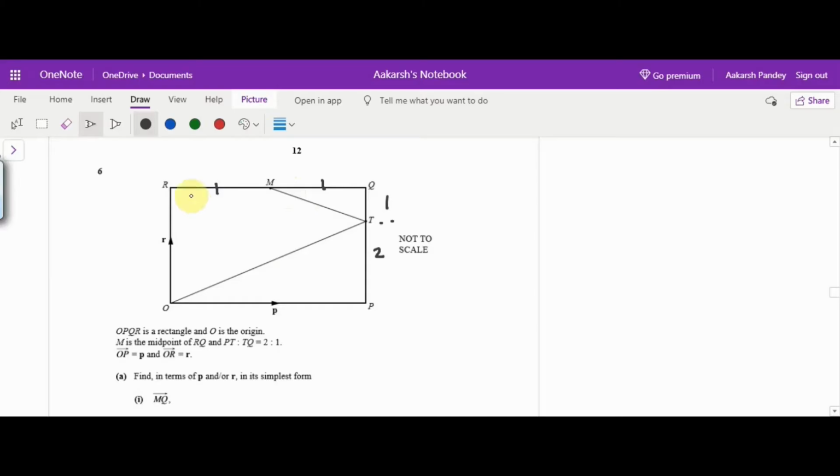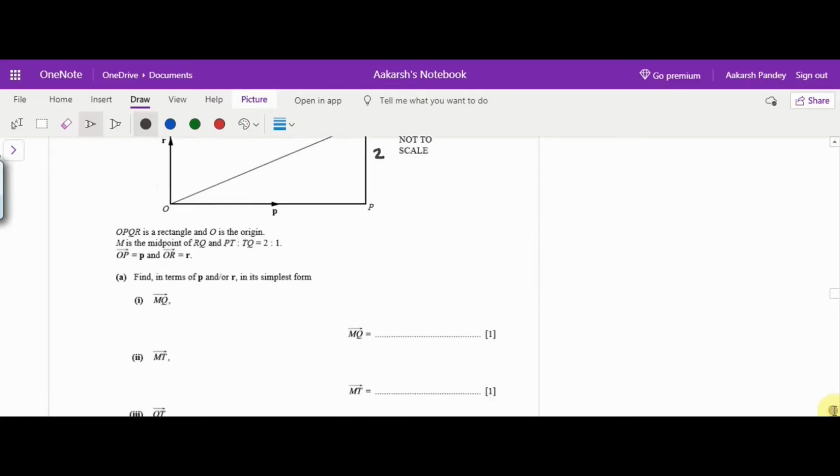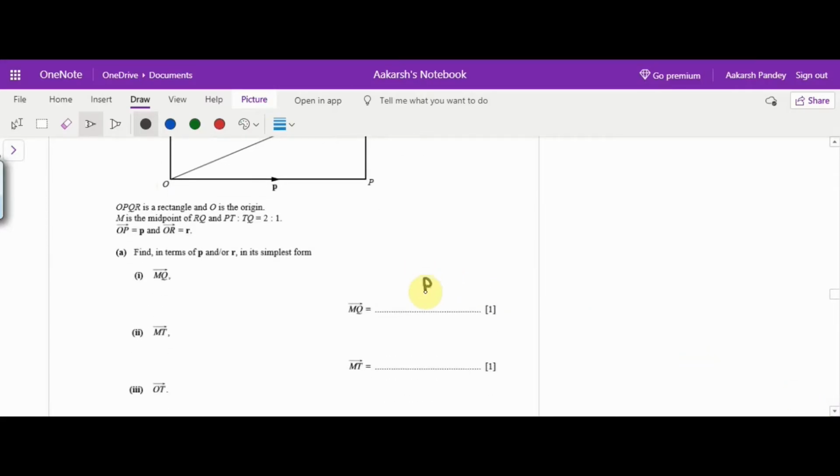MQ is actually, if OP is P, then from R to Q is also P. So this whole thing is actually P in this direction. And because I want MQ, M is the midpoint, so MQ is P by 2. These vector problems, we just have to see which all will be equal and what direction will be same.